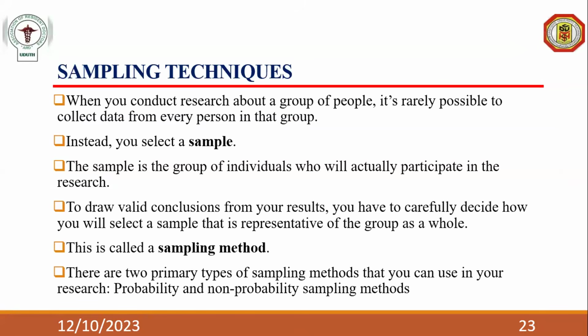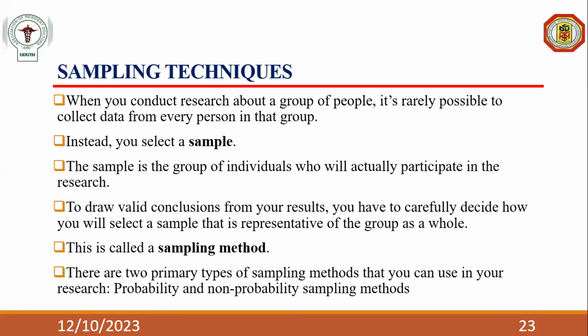When you conduct research about a group of people, after calculating your sample size, the next thing is to select these people, this number that you have calculated. Let's say I have calculated a sample size of 200.